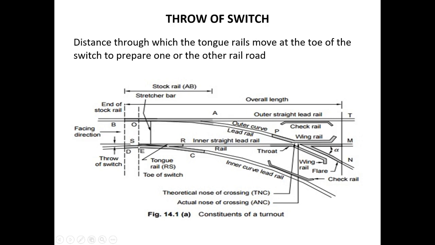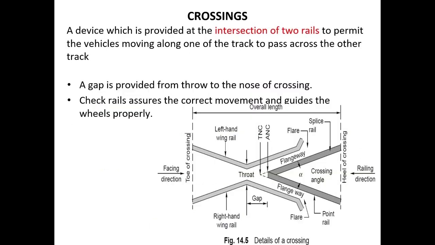So the distance through which this tongue rail moves at the toe of the switch, this is the distance through which the tongue rail moves towards the toe of the switch, is nothing but the throw of switch, which helps to prepare one or the other rail join. Okay, clear. Now we will move towards the next topic, that is crossings.